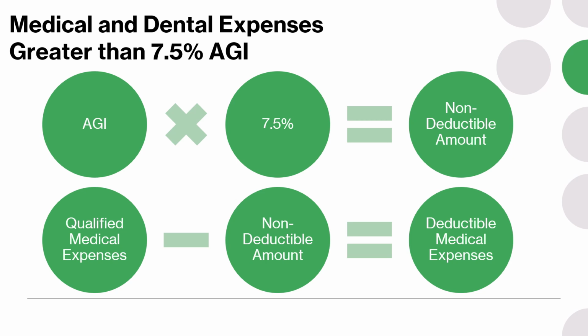That is our non-deductible amount of medical and dental expenses. Then we look at what qualified medical expenses our taxpayer had in total, and then we subtract the non-deductible amount, and if they have any left, then they will have some deductible medical expenses that we can report on Schedule A.